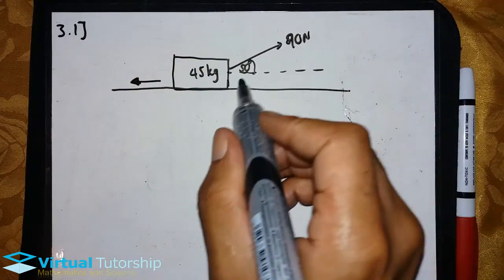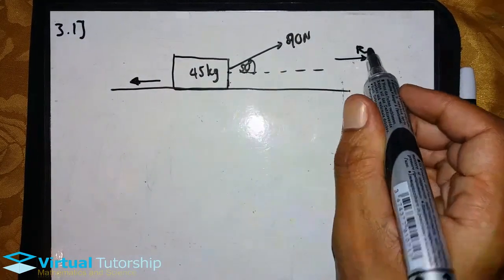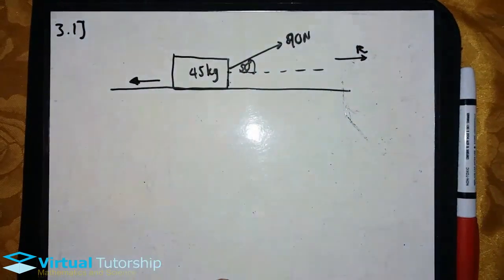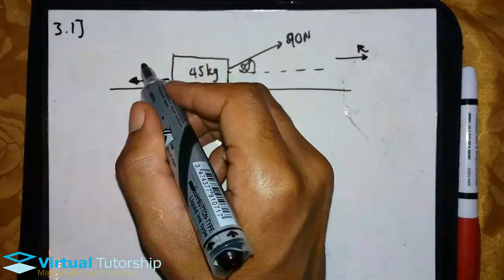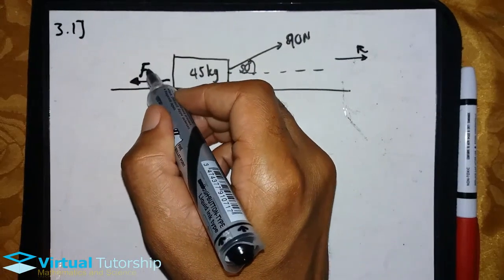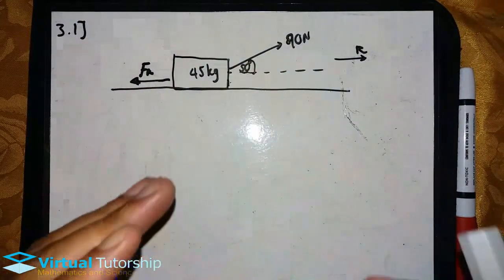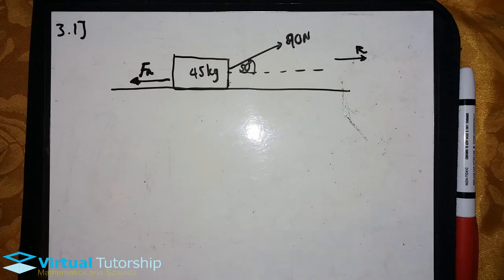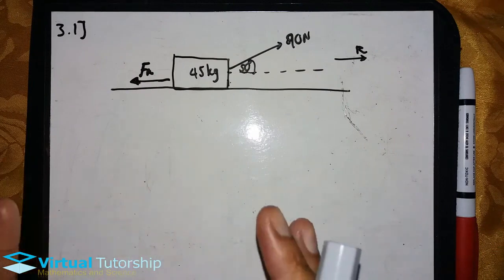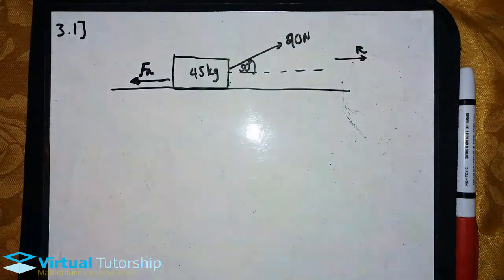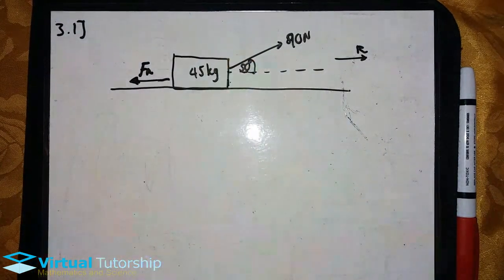So the object moves to the right, and it experiences an opposing force. An opposing force is a kinetic frictional force. A kinetic frictional force is always associated with an object in motion. The minute the object moves, it experiences the kinetic frictional force. And then there's another type, the static frictional force, which is associated with an object that is stationary.